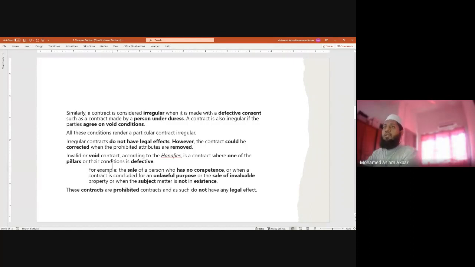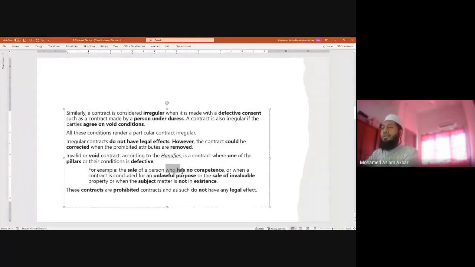Very good. You can see here that the invalid and void contract is, for example, the person who has no competence. See, I told you just now, right? When there is a problem in capacity or a problem in the subject matter, for example, the subject matter is not existing, then definitely, like everybody else, the Hanafi also says this contract is invalid.